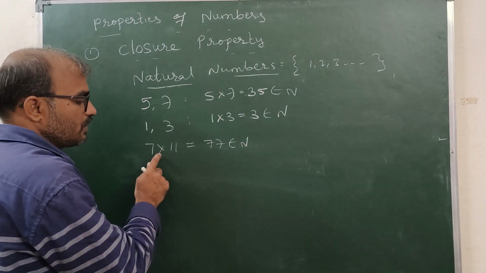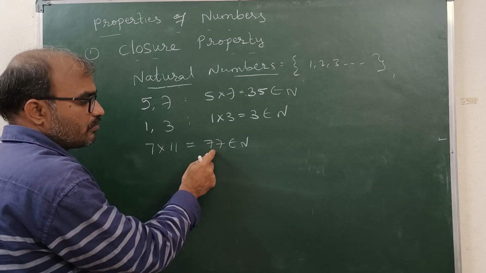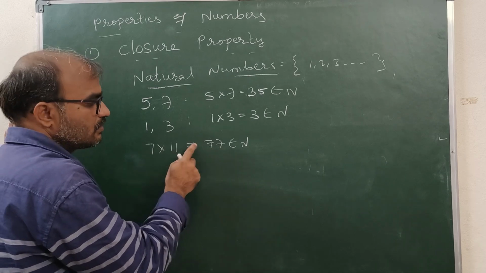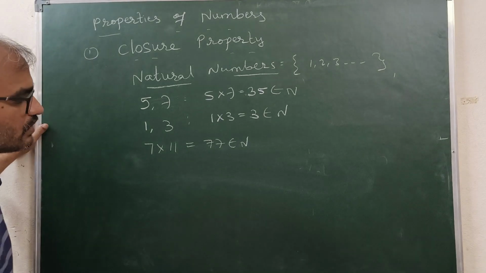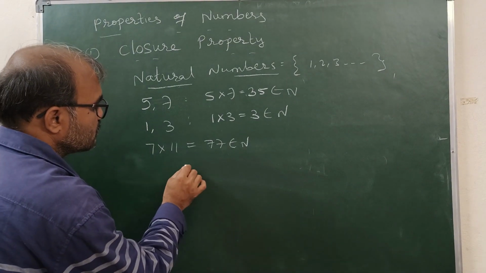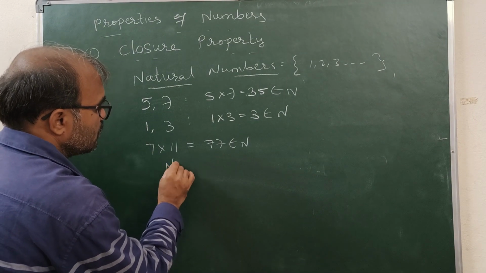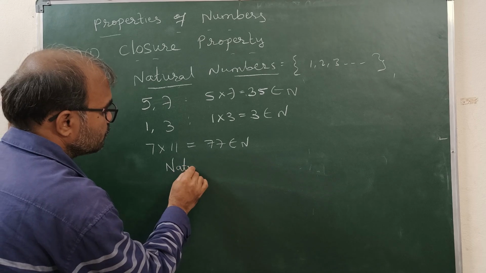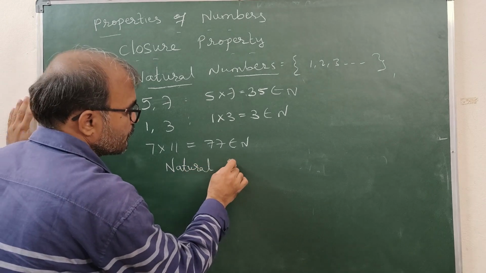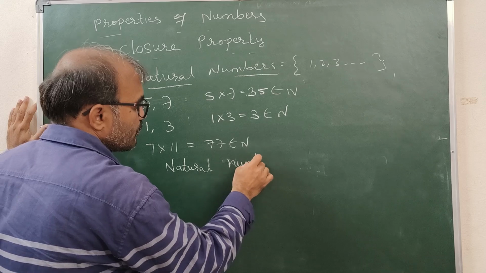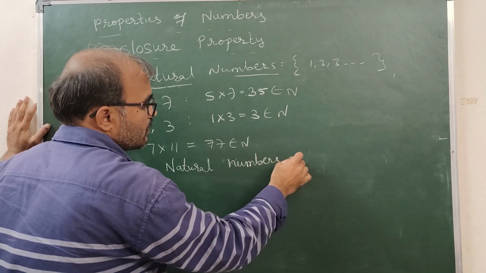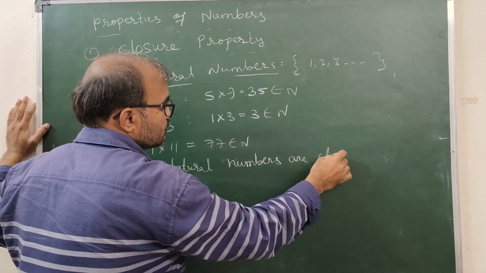So when you multiply two numbers, whatever you get is called a product, and these two are called factors. Now the product of any two natural numbers is again a natural number. So we say natural numbers are closed under multiplication.